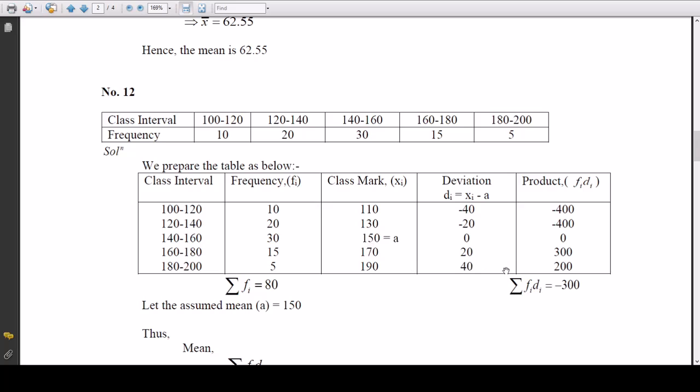Why are we doing this? Actually, if we do it by the first method that we used to find the mean, you will also get the same result. But why do we need this assumed mean method? The thing is that here if you multiply 10 with 110, it will give you a number of how many digits?